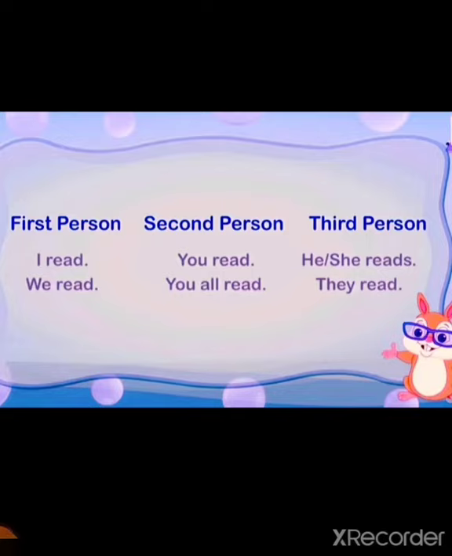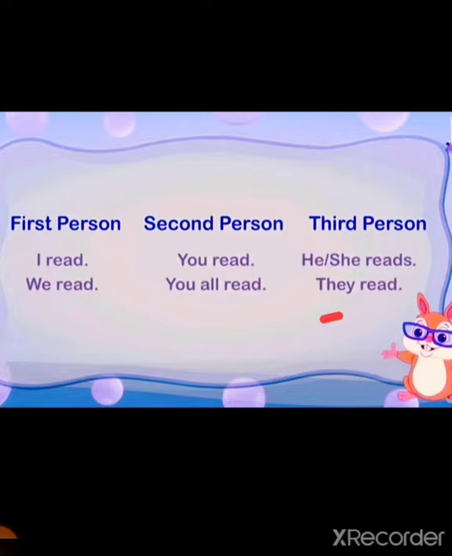Like, he goes to school every day, she reads newspaper every day, they read. But after plural number you will not give s or es. Only in third person, singular number, present tense you will give s or es.